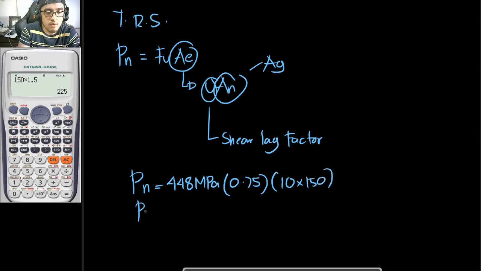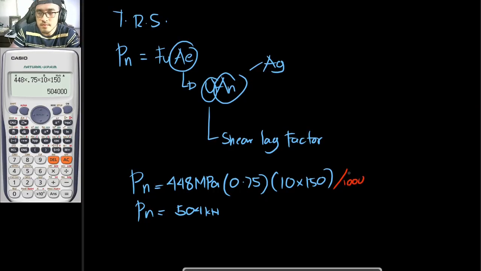So solving for our PN right now, that is equal to 448 times 0.75 times 10 times 150, so that is equal to 504 kilonewtons. I would just be dividing this by 1000 to convert it into kilonewtons.